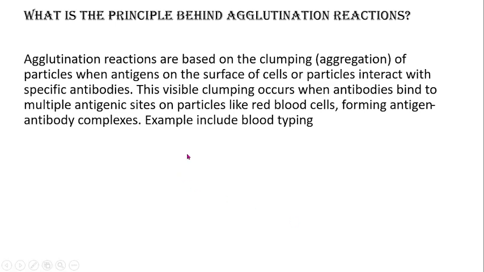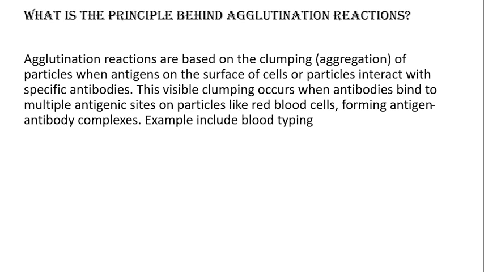Here they give an example of blood typing. In blood typing, we have red blood cells, and the red blood cells have antigens on their surfaces. These antigens on the red blood cell surfaces determine the type of blood somebody has. In blood typing, we mix the red blood cells with antibodies.